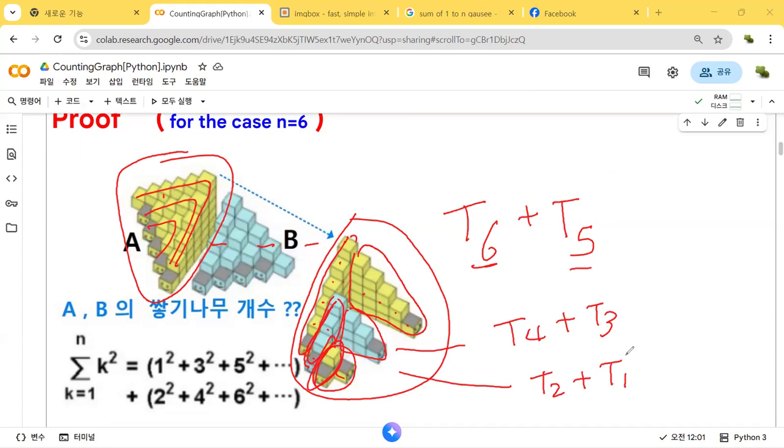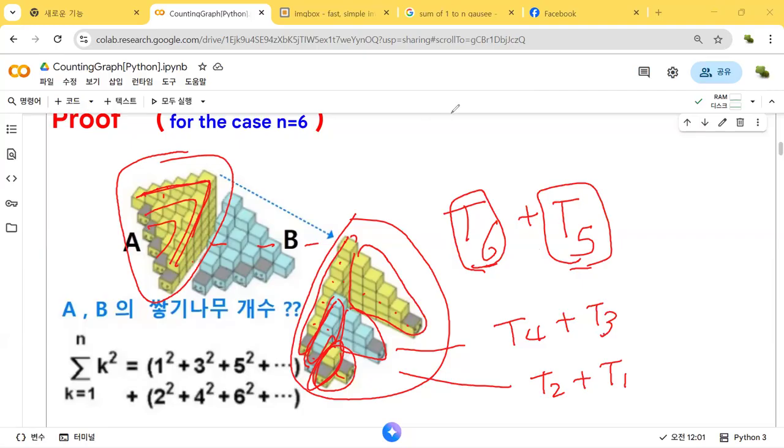So you can separate the part in this way, and from each part you can get T1, T2, T3, T4, T5, T6 like this, okay? Then what is T6 plus T5?